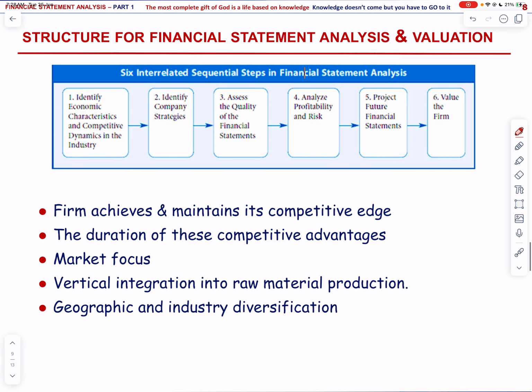Next, number 2, to evaluate accounting information effectively, consider how the firm achieves and maintains its competitive edge through its unique business model, the duration of these competitive advantages, market forces such as niche markets, example ethnic foods, or broader sectors, example grocery stores, vertical integration into raw material production, geographic and industry diversification.